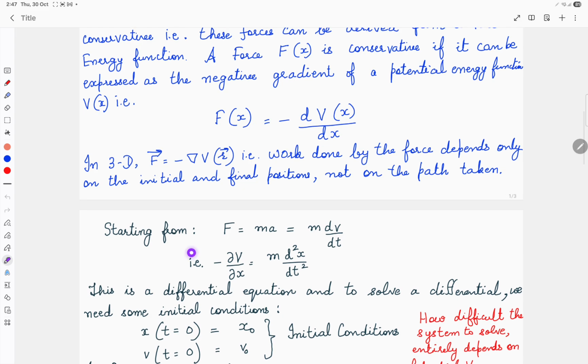Now if we start from F equal to ma, where acceleration is basically dv by dt, and I replace this F with minus del V by del x and this v by dx by dt, this is equal to m times the double derivative of x with respect to time.